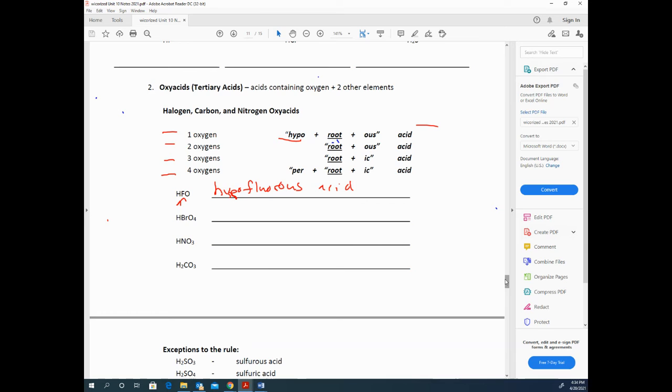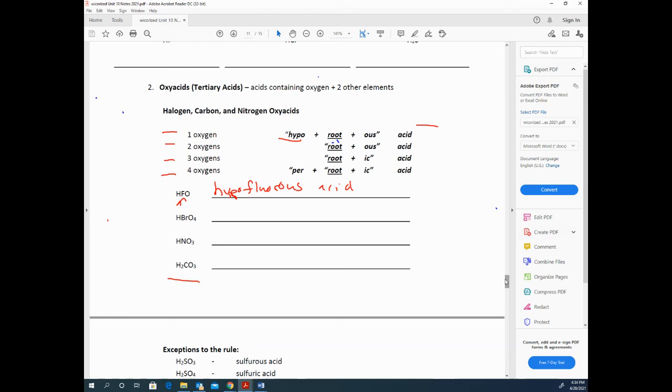If you had two oxygens, you would leave off the prefix and just start with the second element root and tack on ous and then acid. But let's try a 3-1. We've got a 3-1 down here. This one has 3 oxygens.